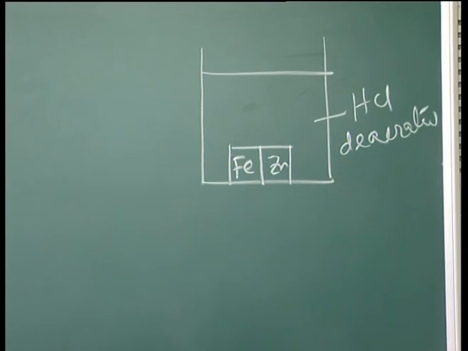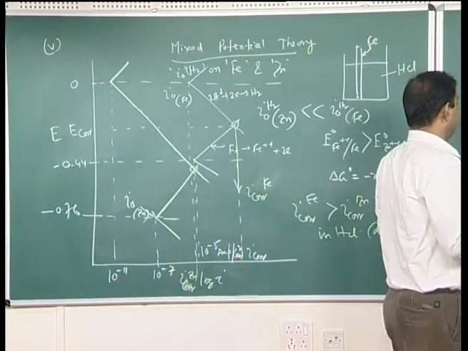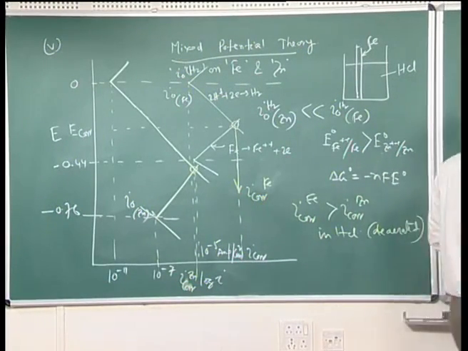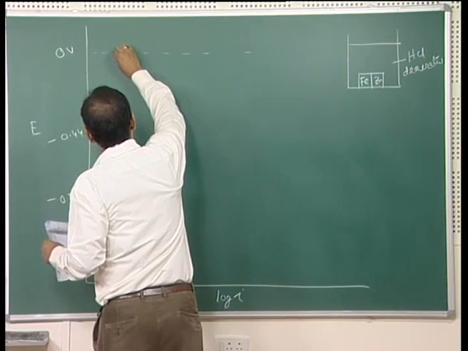Now, in that case we have to see which one corrodes faster, whether iron or zinc, because here iron corrodes faster, but let me see what happens here. Now, again I will start plotting all those individual lines.